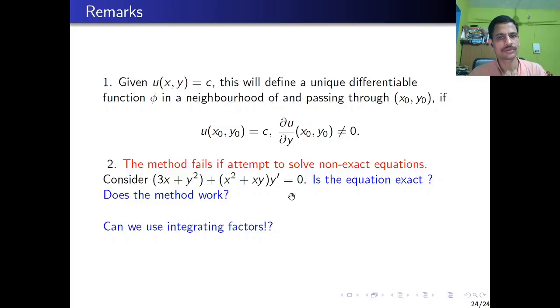So for non-exact ODE, there is a way to solve. Certain non-exact ODE can be solved. So what we do is we multiply it by something called an integrating factor, which makes the ODE into an exact ODE. So we'll learn that in our next lecture.